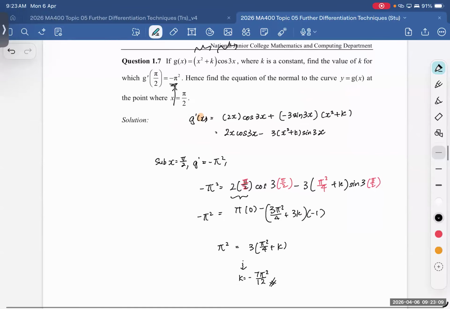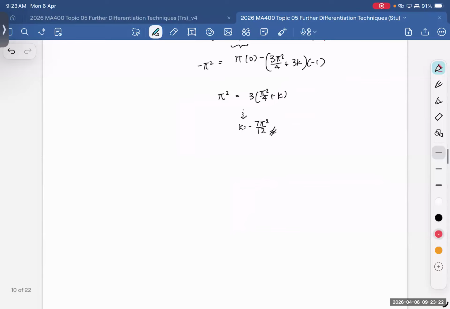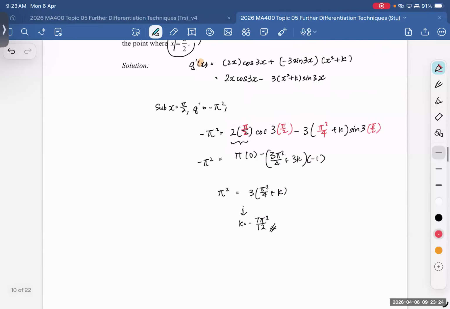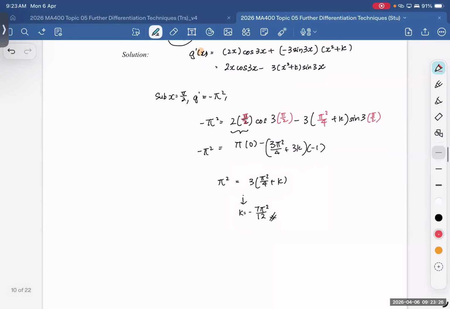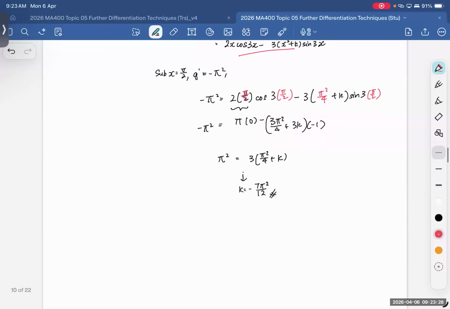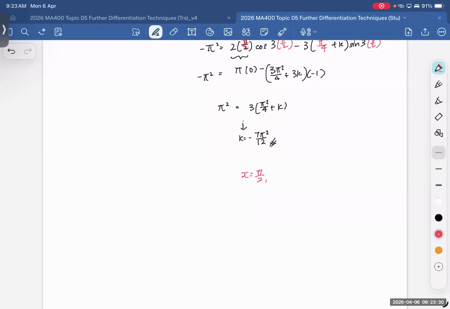Then hence find the equation of the normal where x is pi over 2. If x is equal to pi over 2, what is the gradient? You know that when x is equal to pi over 2, g prime of pi over 2 is negative pi squared. This is the gradient of the tangent, don't forget.